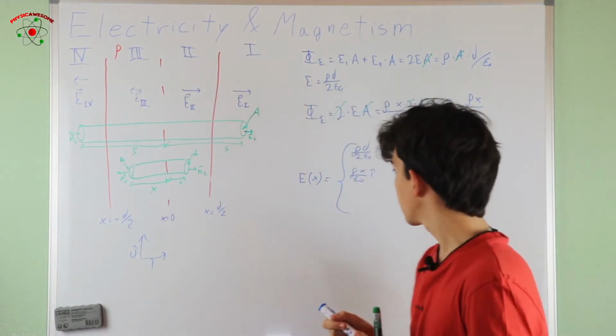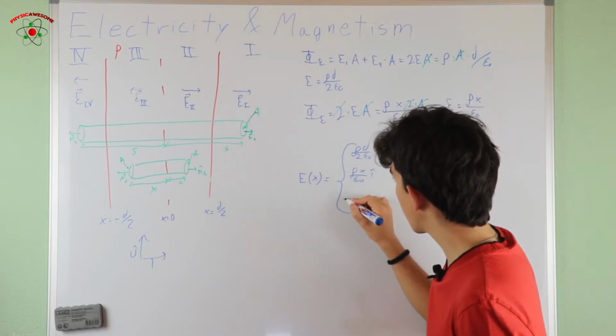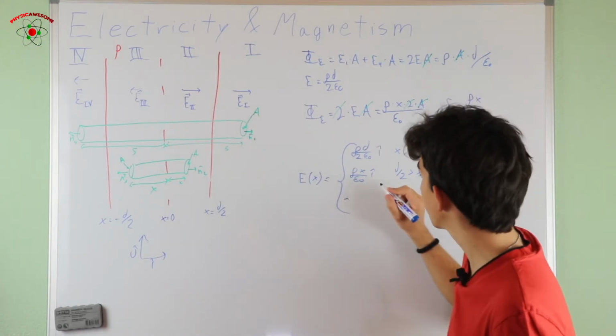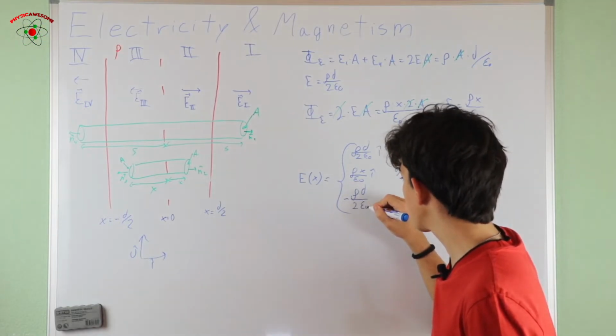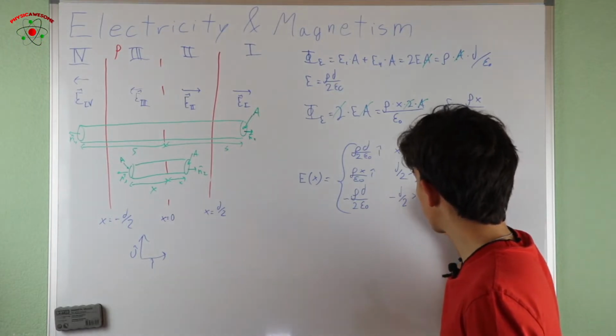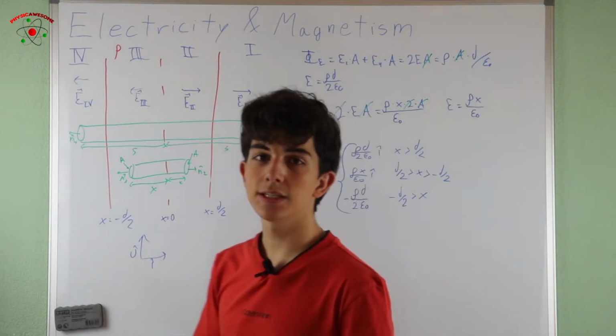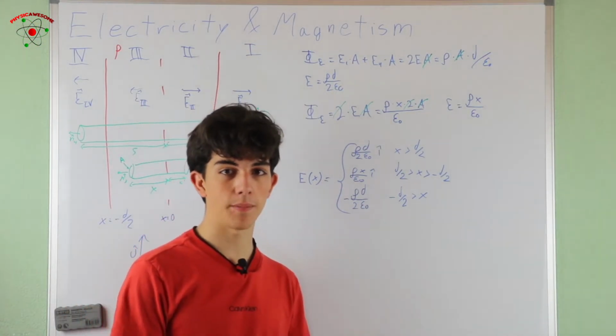And then for our last region, region 4, pointing in the negative direction, we have minus rho d over 2 epsilon naught, for when minus d over 2 is bigger than x. And this is the electric field from an infinite uniform slab.